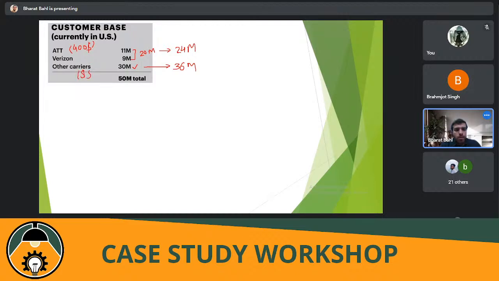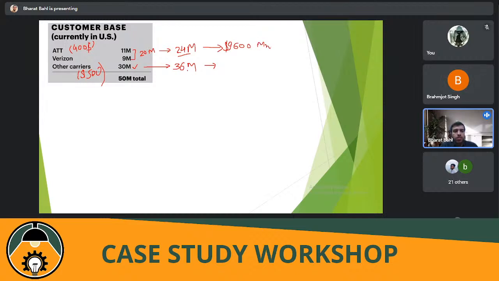So if I just basically multiply 24, this is the number, into $400, this is what will be the market potential through both of them. Is it fair enough? Yeah. So I think 24 into 4 will give me $9,600 million.